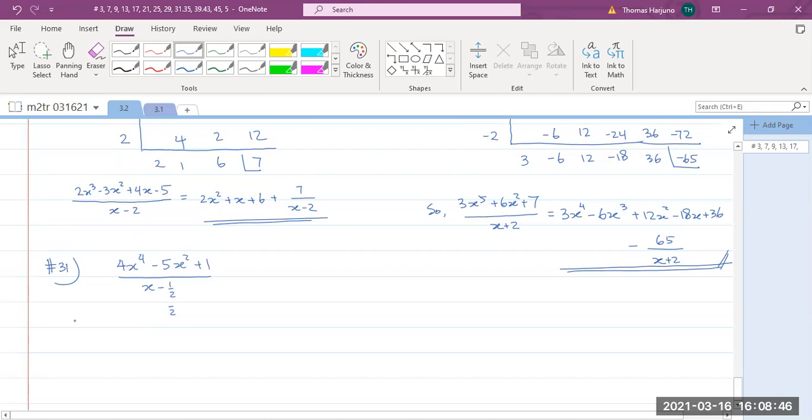So solution. 4x to the 4th plus 0x cubed minus 5x squared plus 0x plus 1 divided by x minus 1/2. So I put 1/2 here.